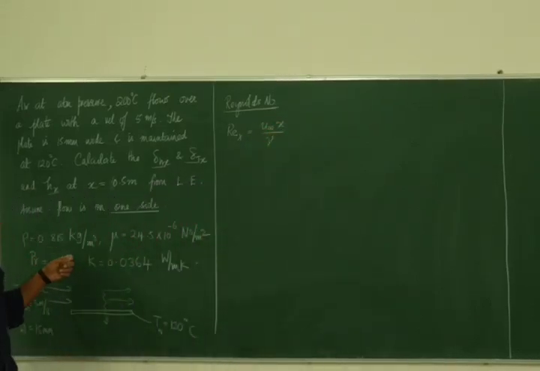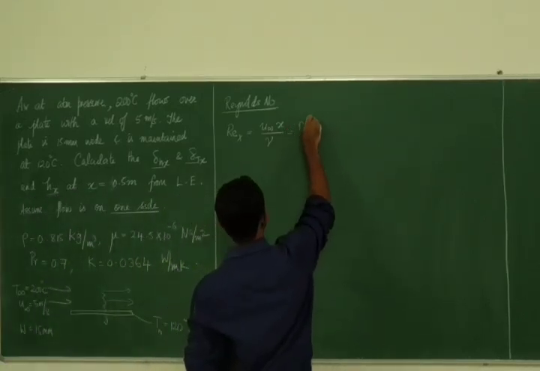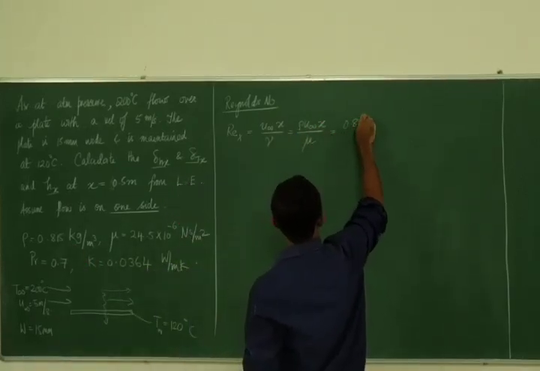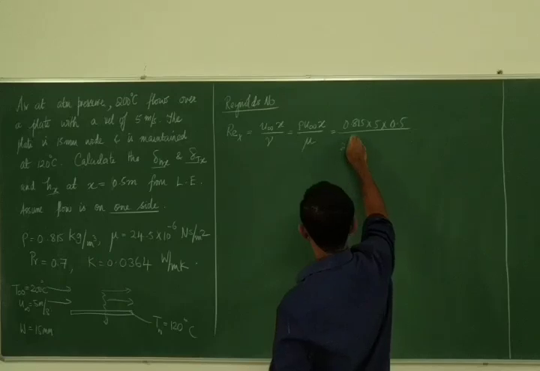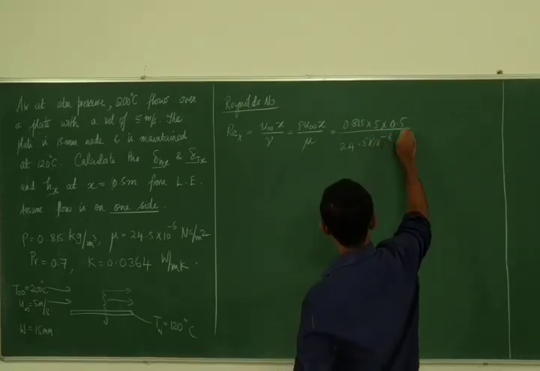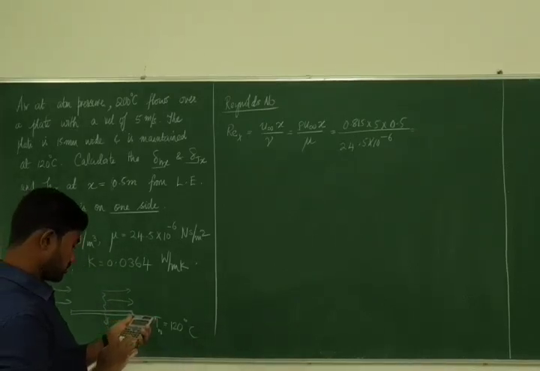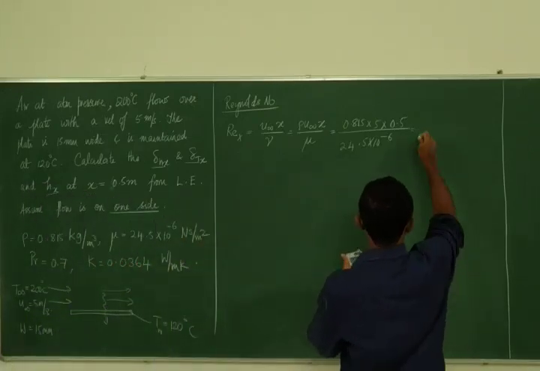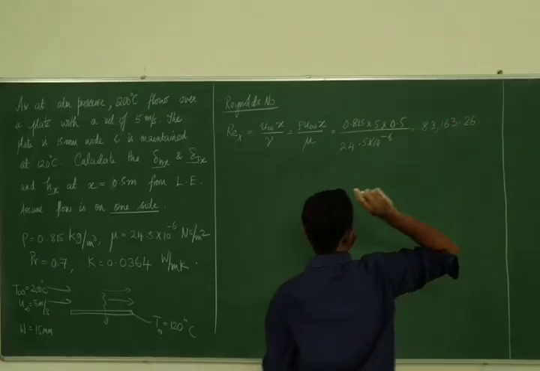We have not been given nu, so you can use rho u infinity x by mu. Rho is 0.815, u infinity is 5, x is 0.5, mu is given to be 24.5 into 10 power minus 6, and the Reynolds number is going to be 83,163.26.